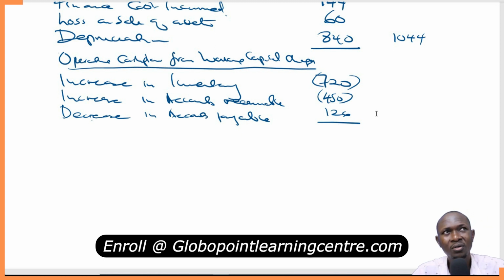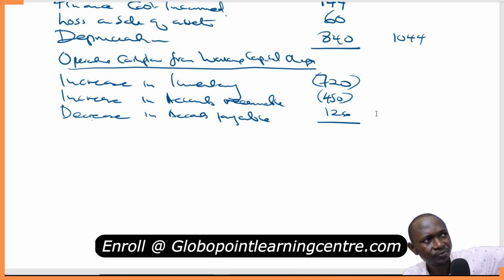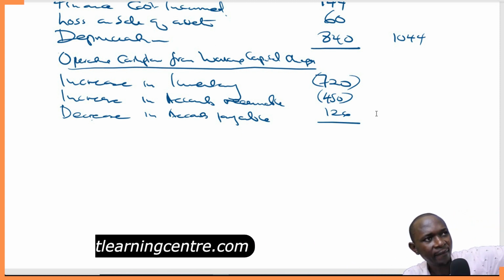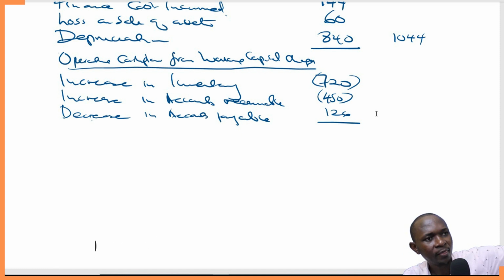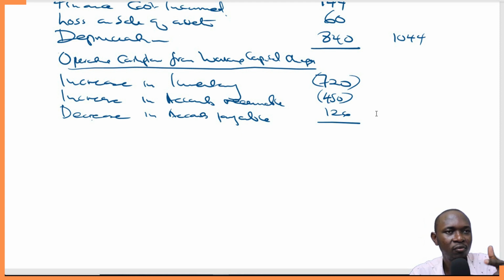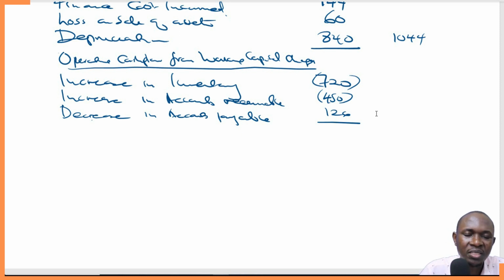A decrease in accounts payable means that we have paid more to the creditors. When we started the year, we were owing them much money. Now we close the year with a reduced figure. So it means you have paid them more. So actually it's an outflow.